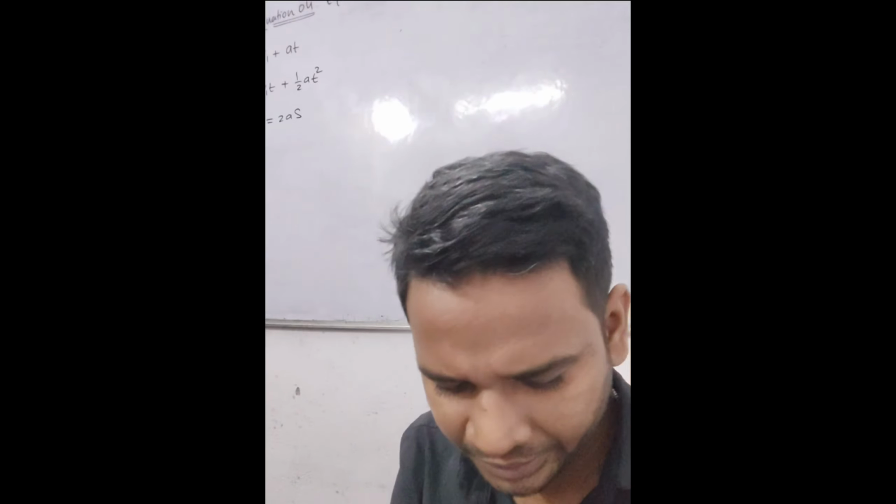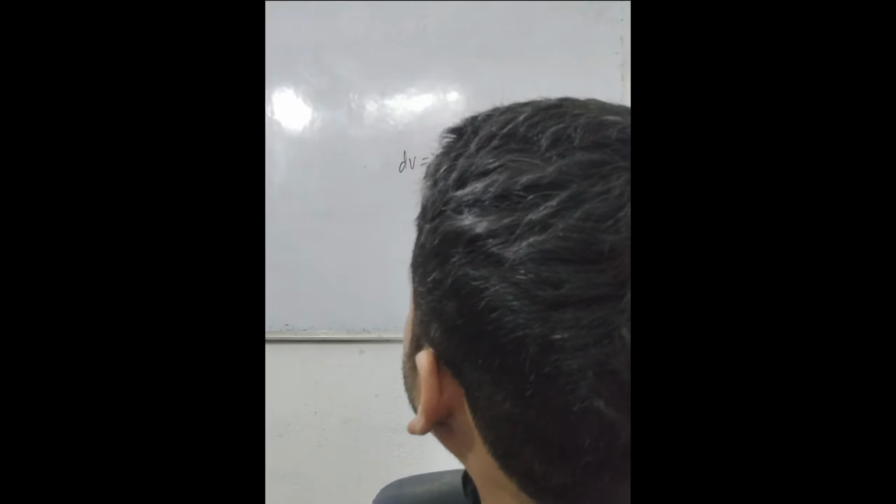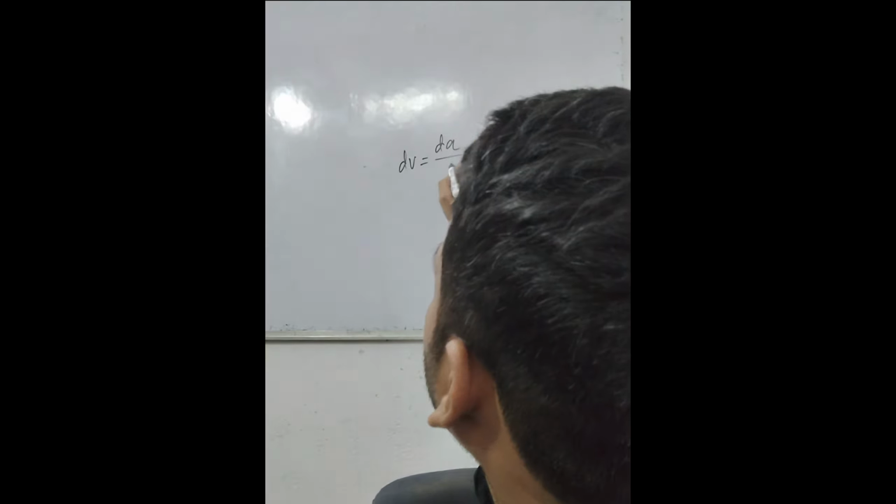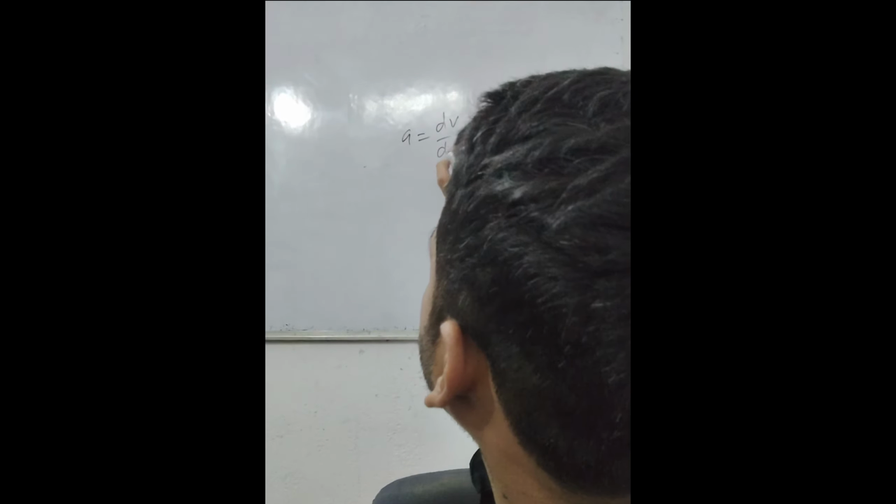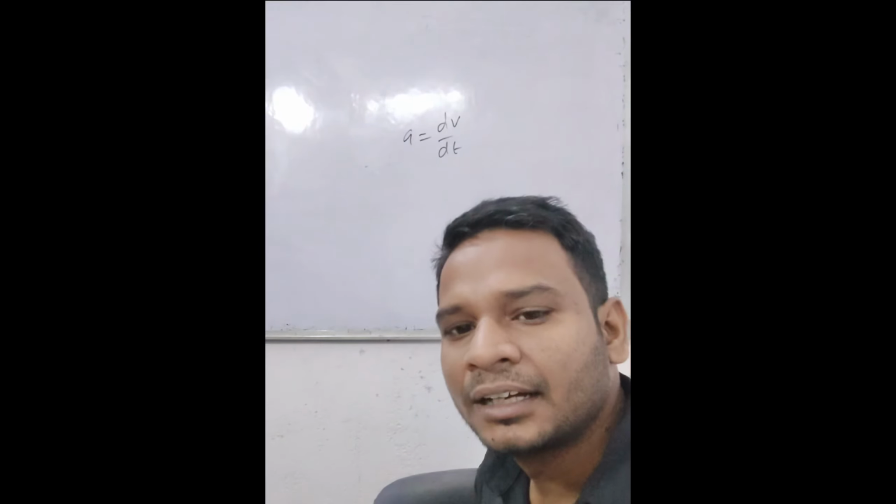The third formula, let's derive it in a different, fuzzy way. A is equal to dV by dt. This is from our last class.